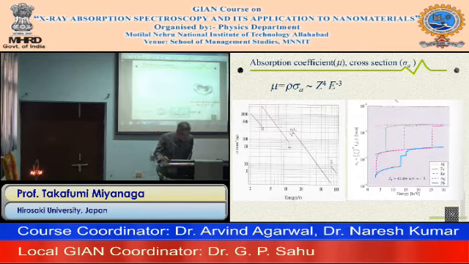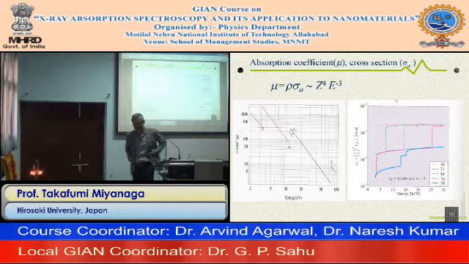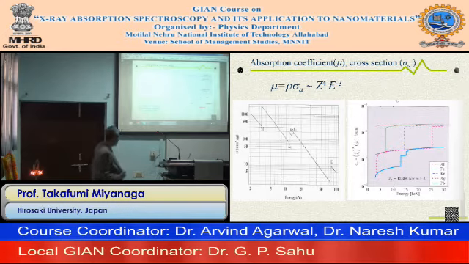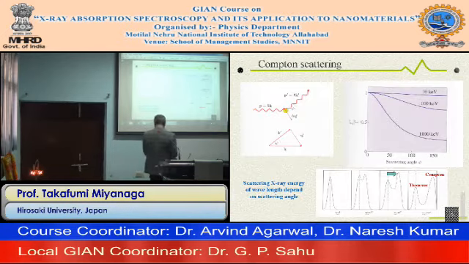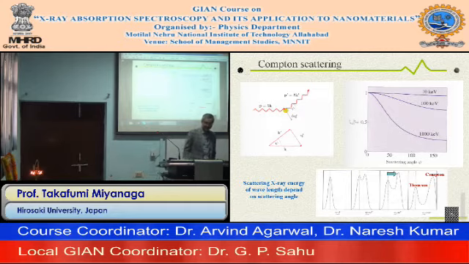This is the Thomson scattering length. And another one is the Compton scattering length. I have no information for the Compton scattering length. Do you know the equation of the Compton scattering length?